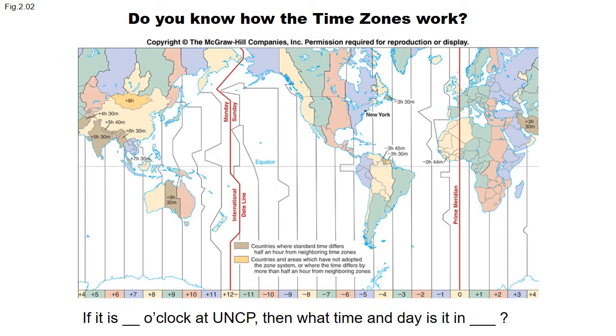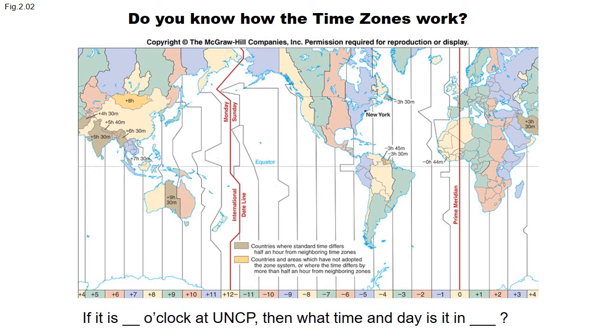All right. One of the things to keep in mind for the time zones, how are they set up? If you want to have 24 hourly zones, then you have a different time zone about every 15 degrees of longitude.